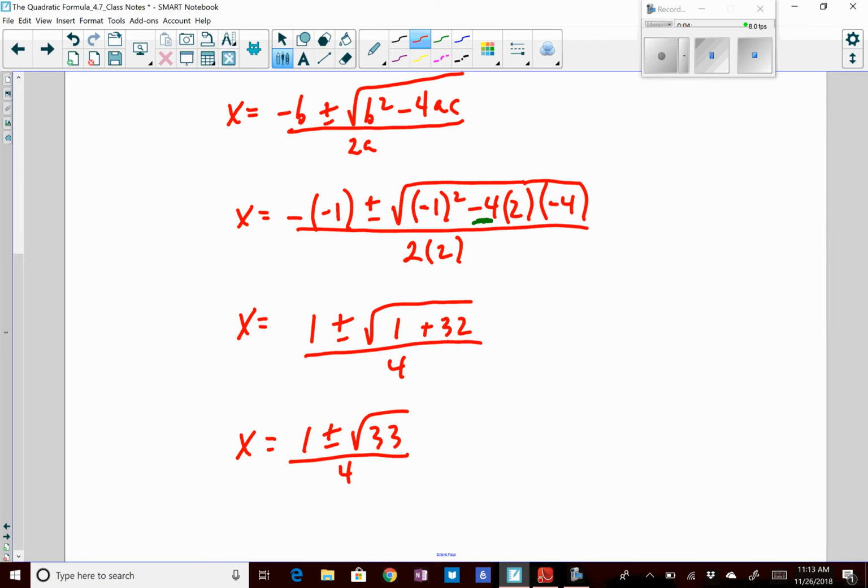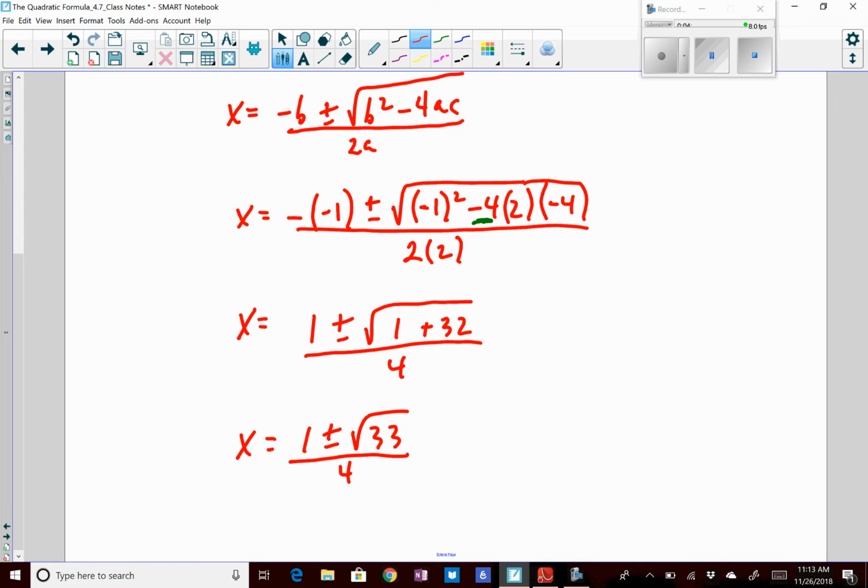Now, when you're doing these, they may ask you to leave the answer in simplest radical form. They may ask you to leave it to a number of decimal places. So let's say for simplest form, what you want to do is take a look at this 33 under the radical. The only way we'd be able to simplify the radical is if there are any factors of 33 that are a perfect square.